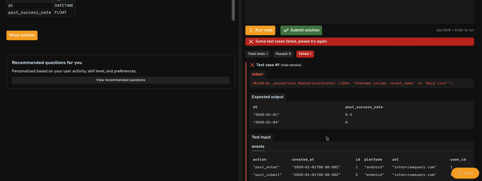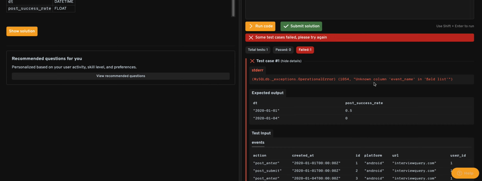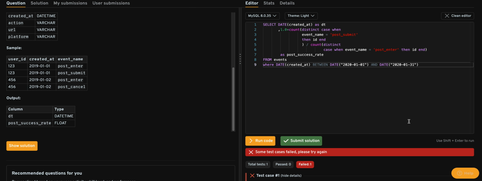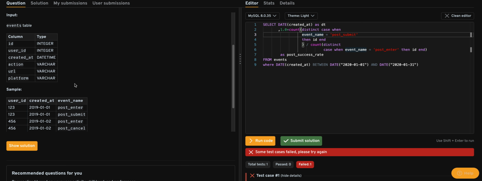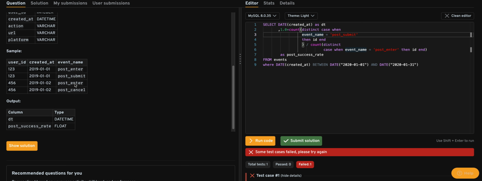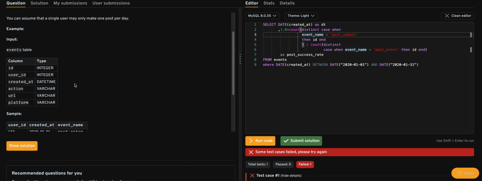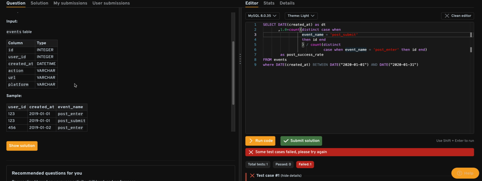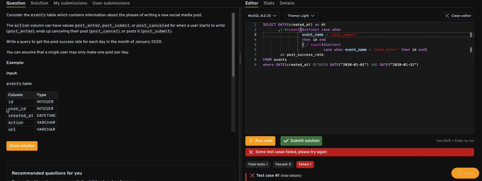What is this? No event name in the field list. In case when event name... it should be an action.